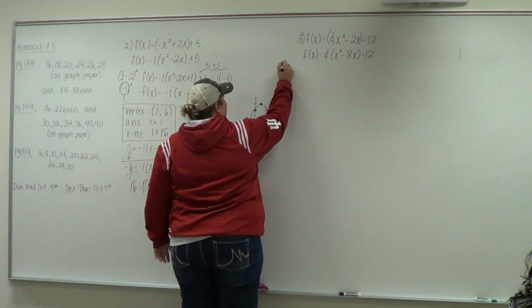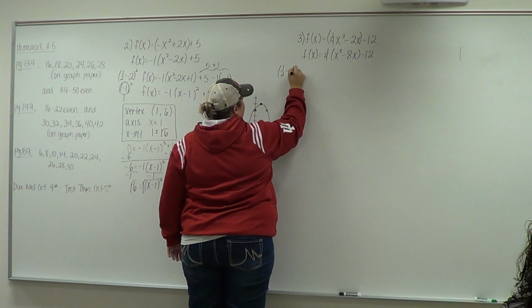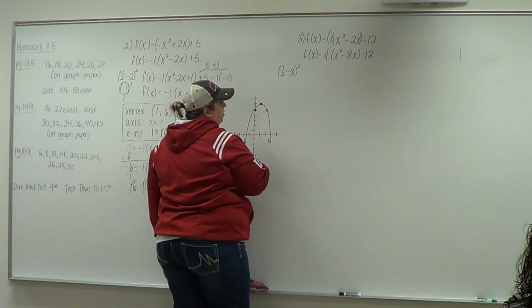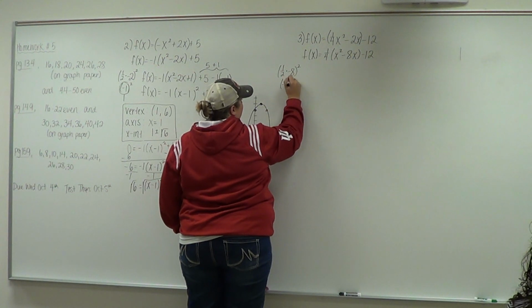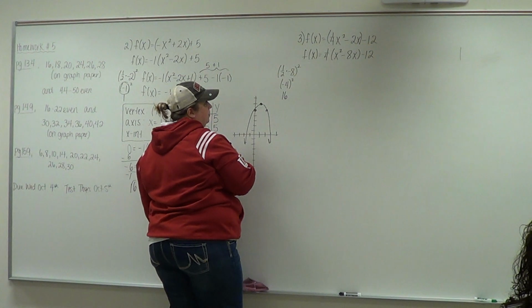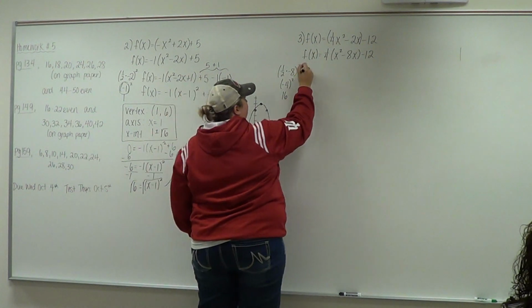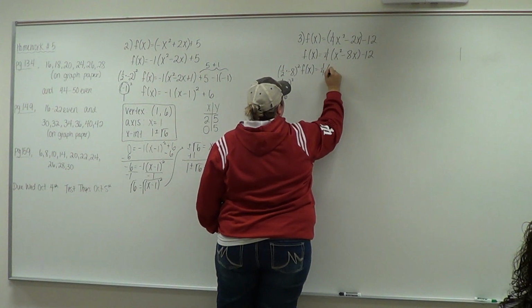So then we're going to take a half times b, so times negative 8, and we're going to square that number. So a half times negative 8 is negative 4. Negative 4 squared is 16. So I'm going to add that on the inside.